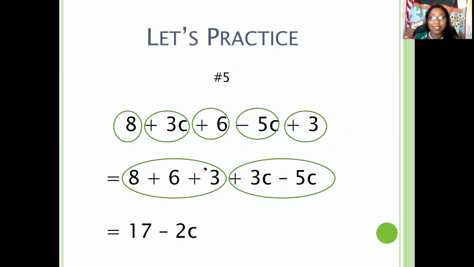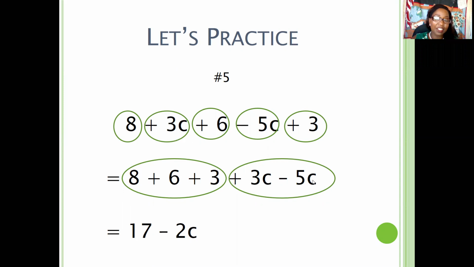So in this question, which was the revised number 5, if you will notice, there are no A terms in this one. So what I did was I collected all of my constants together, the 8 plus 6 plus 3, and then I did plus 3C minus 5C.